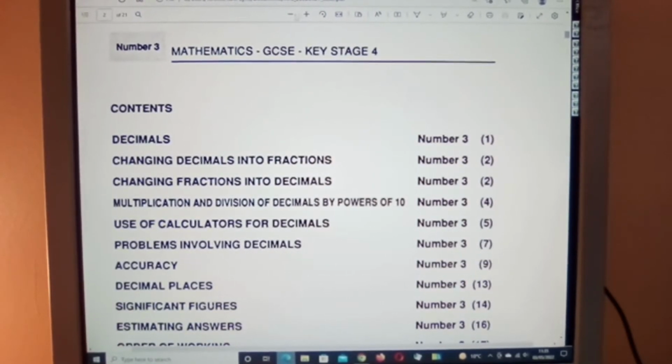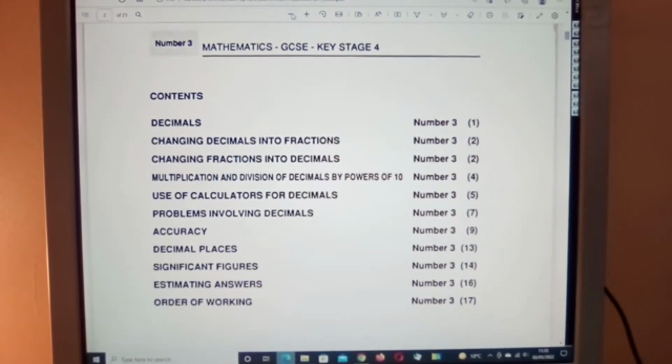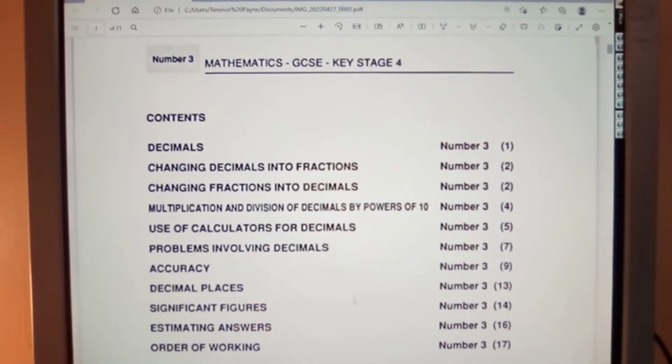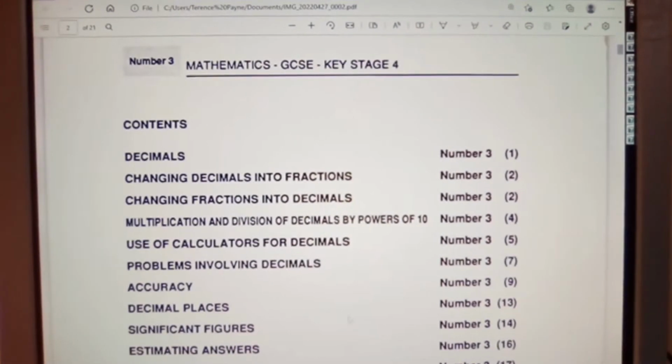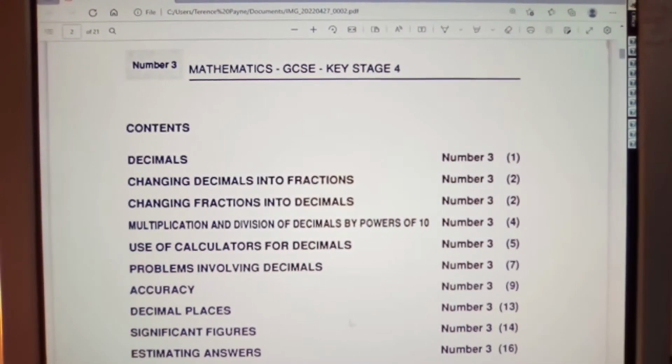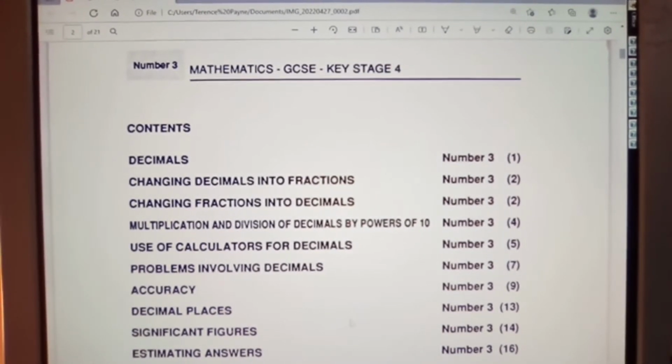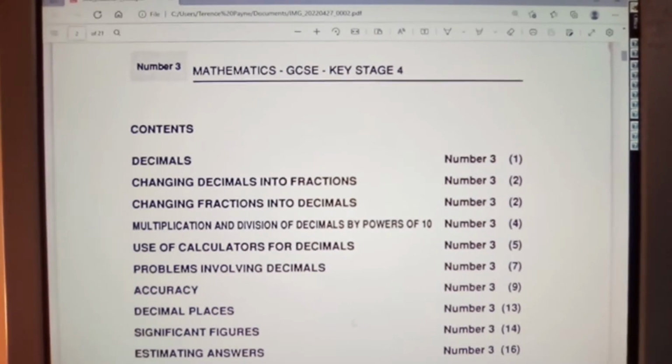Let me just reduce that a little bit so it fits onto our screen, and zoom in so we can see all the information we need as to our objectives and aims.